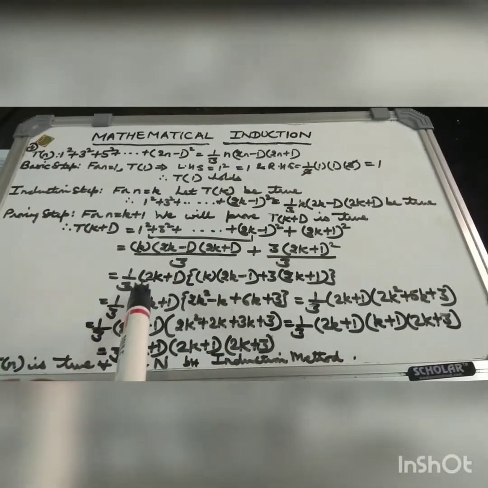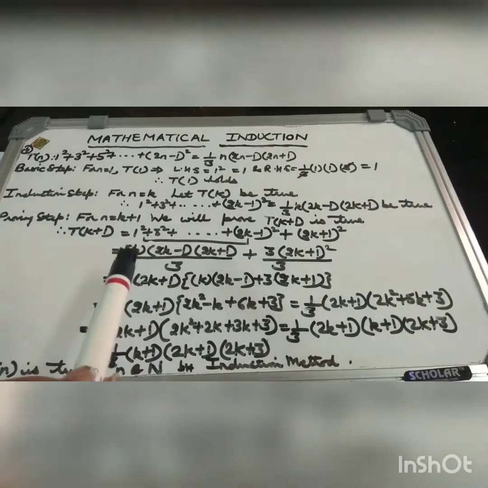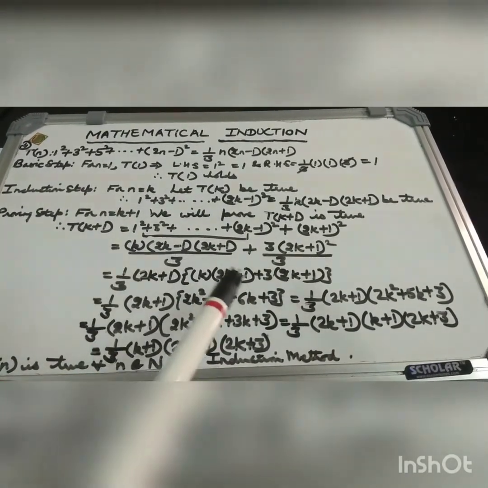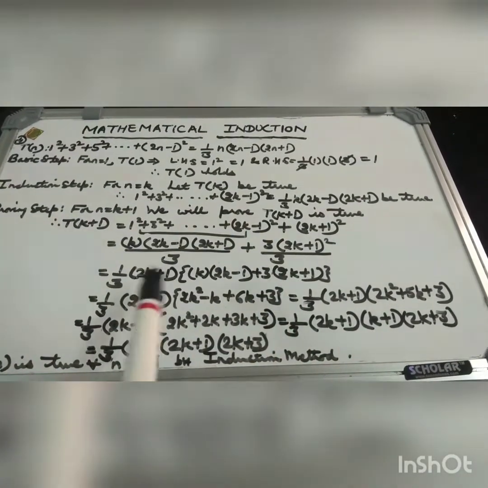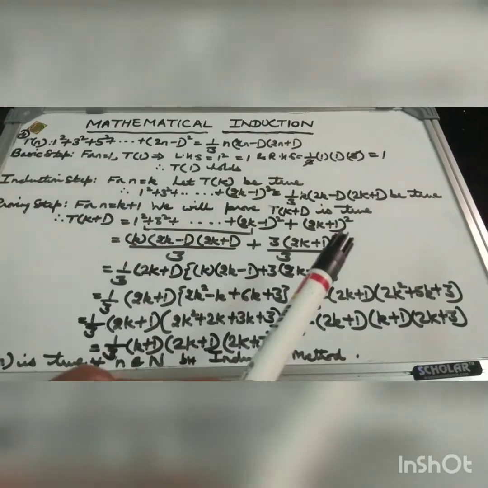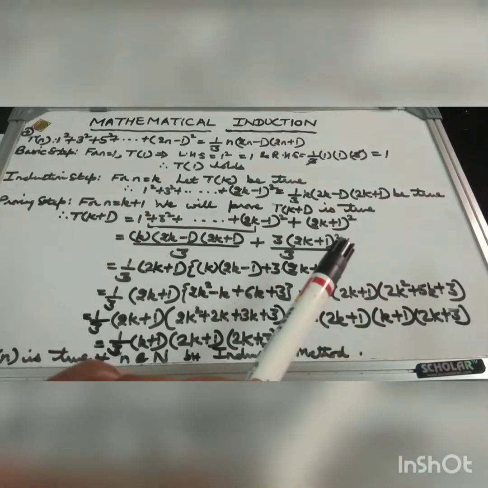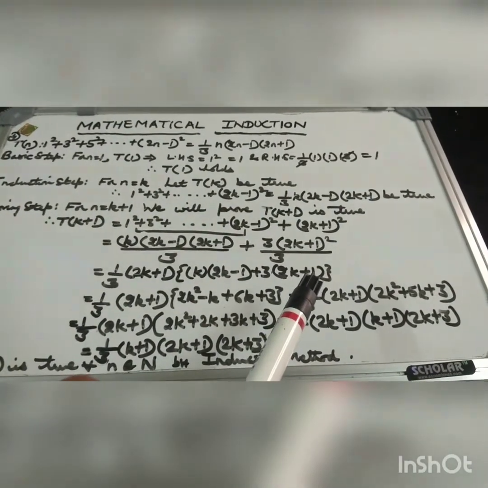Now 1 by 3 into (2k plus 1) bracket, what is left is k into (2k minus 1). And the next term (2k plus 1) bracket is already here, 1 bracket is already left over because it is whole square. So plus 3 into (2k plus 1).